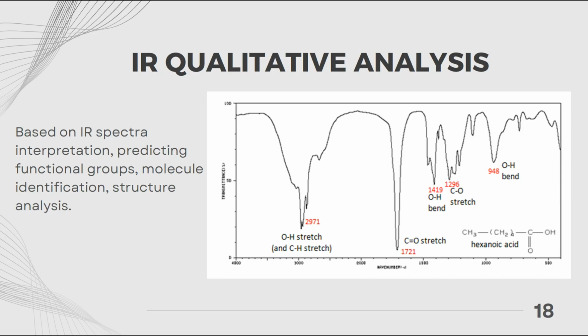Just make a mirror here, and you will get a usual absorbance spectrum. But it's usually presented in this, let's say, negative scale. And so you see different wave numbers corresponding to specific bonds of the hexanoic acid.